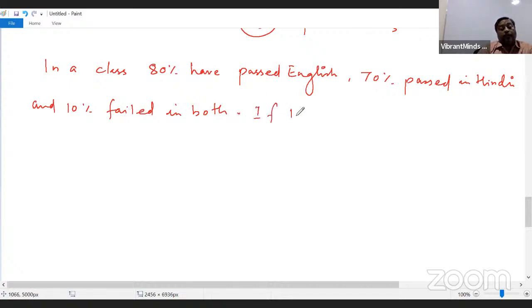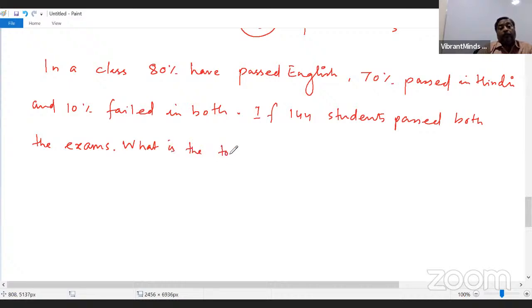If 144 students passed both the exams, what is the total strength of the class?